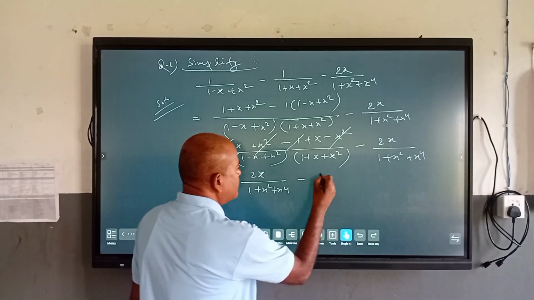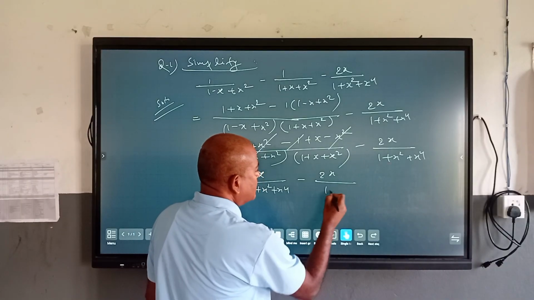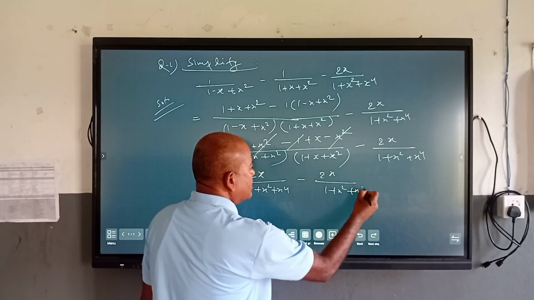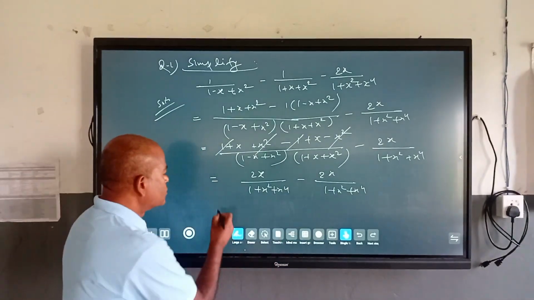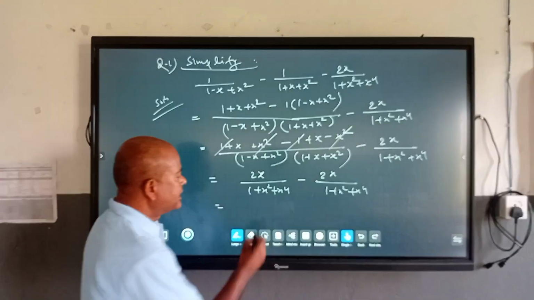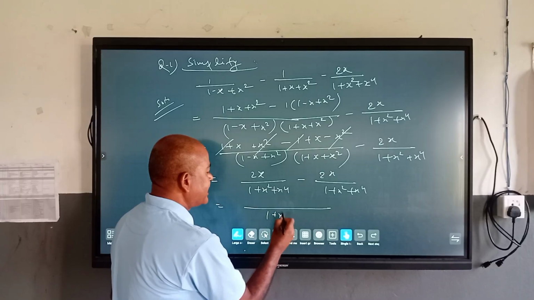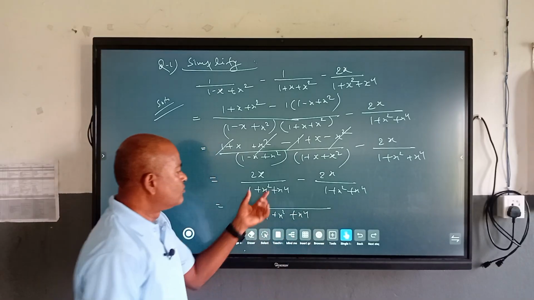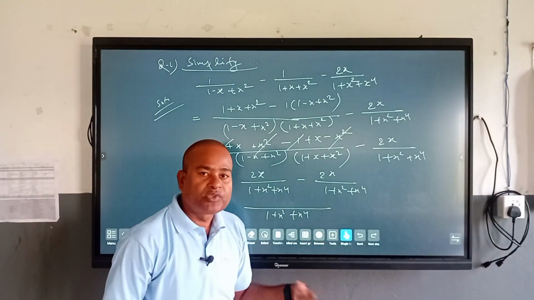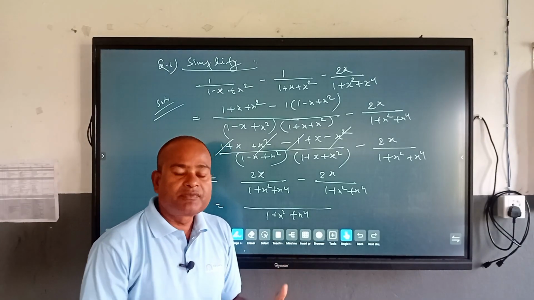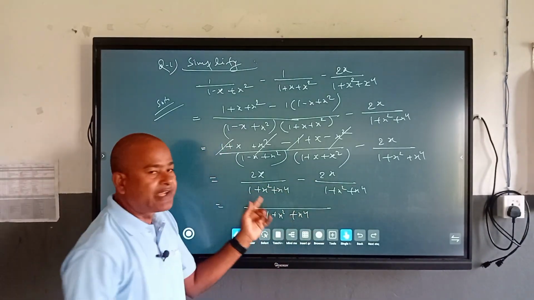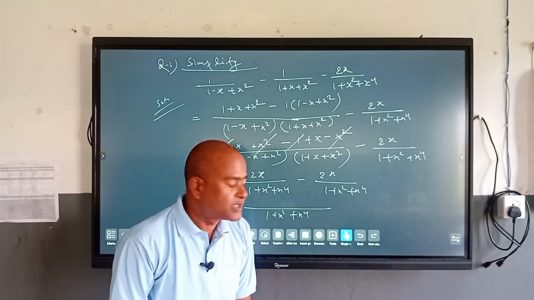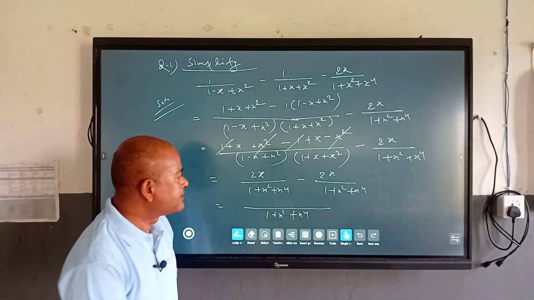So dear students, now at last we have to simplify the last two expressions. The LCM is 1 plus x square plus x⁴. Both the denominators are the same. We know that LCM is common factor times remaining factor. So we have the common factor 1 plus x square plus x⁴, and we don't have any remaining factor.